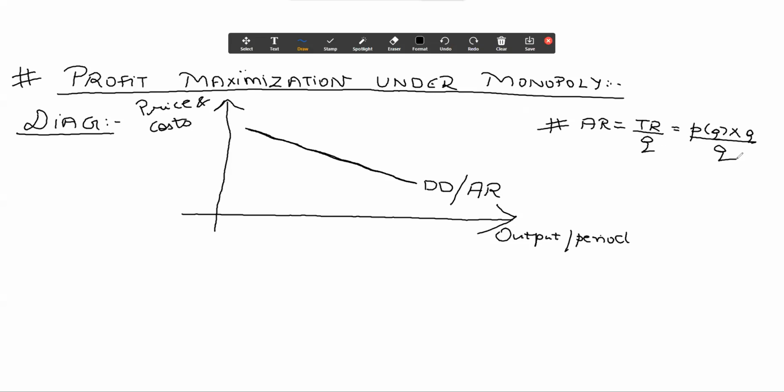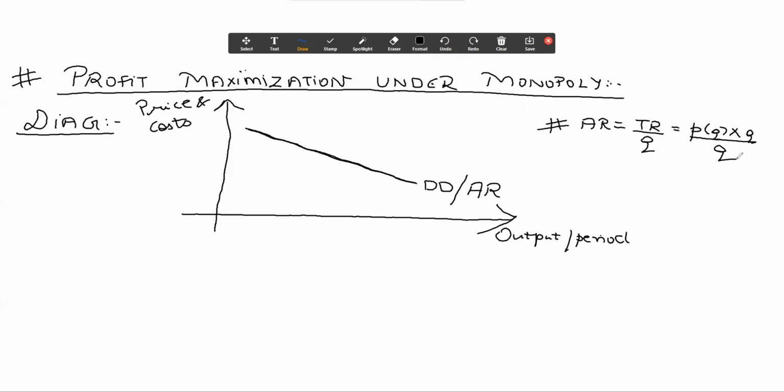When we had started with the lecture today, I had told you that the monopolist has control over either price or quantity. The monopolist does not have control over both. So the assumption which we had taken was that the monopolist will choose what quantity to produce to maximize the profits, and based on that the price will be decided. That means price is a function of quantity produced by the monopolist.